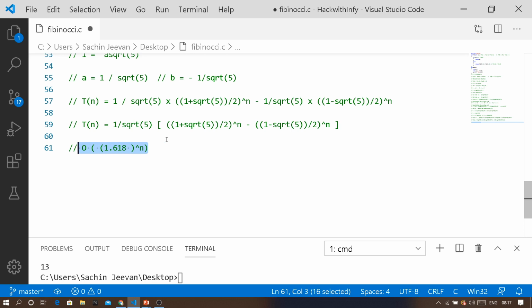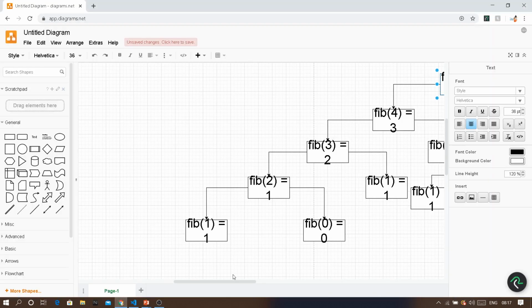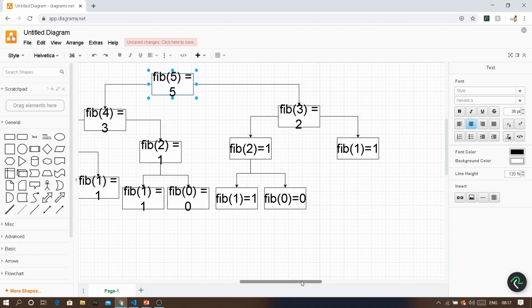Okay, we started with Fibonacci numbers in this lecture. Then we derived a recursive procedure for solving the Fibonacci series, and the formula is Fibonacci of n is equal to Fibonacci of n minus 1 plus Fibonacci of n minus 2. Then we drew a tree for tracing the recursion, how it is happening.